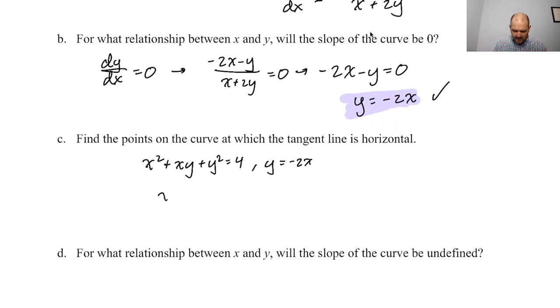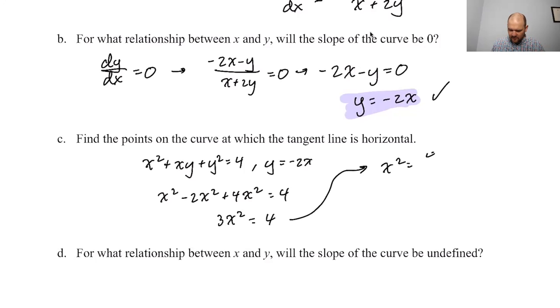So x squared minus 2x squared, because I replace y with negative 2x, plus 4x squared, because I replace y with negative 2x and then squared it, equals 4. So that means 3x squared equals 4. So I'm getting x squared is 4/3.